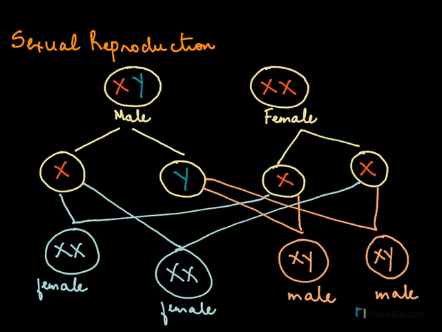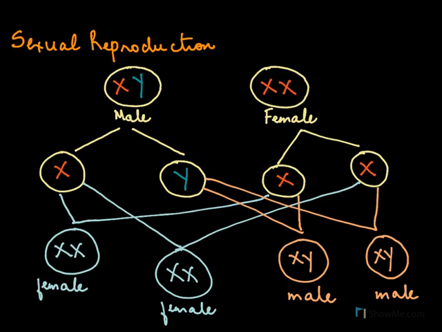But when the Y chromosome fertilizes the egg, you will get a male. So who decides the sex of the child, the sperm or the egg? And the answer is, it is the sperm that decides, because the egg is only of one type.